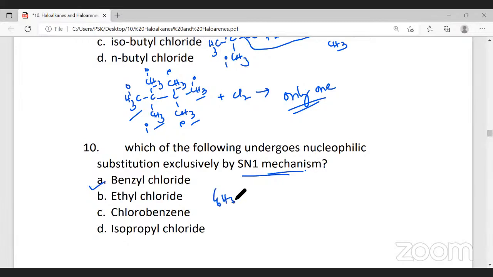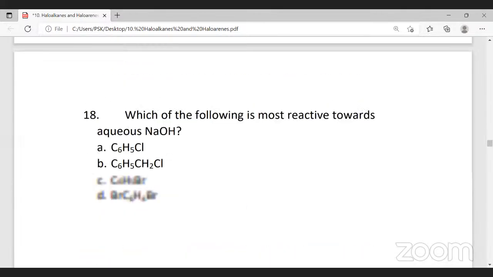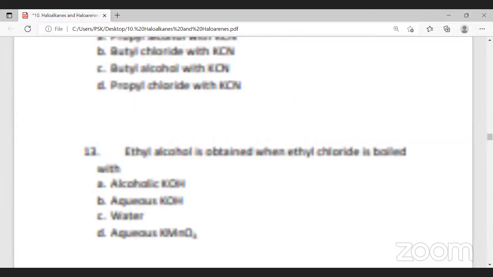Benzyl carbocation is more stable compared to isopropyl carbocation, and that is more stable than ethyl carbocation. So therefore, the answer for this question will be benzyl chloride. You wouldn't have understood this, but anyway, we will learn the mechanisms and then come back to this.